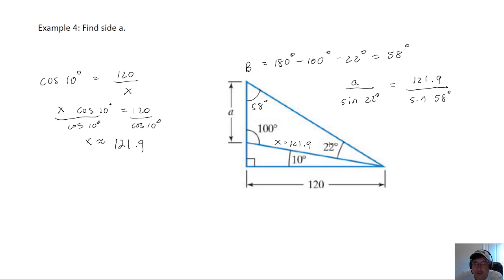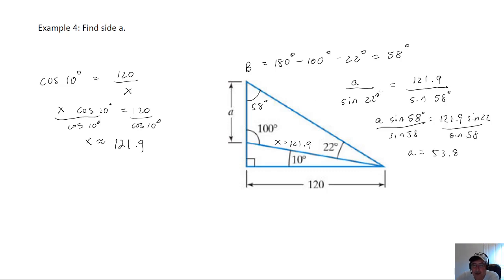See, the 22 degree angle matches up with A here, what we're after. 58 degrees would match up with the 121.9, and we could even find this side if we wanted to by taking the 100 and matching it up over here, but we were just asked to solve for A here. So I'll let you all pause, stop, and see if you can get it, and we'll go from there.